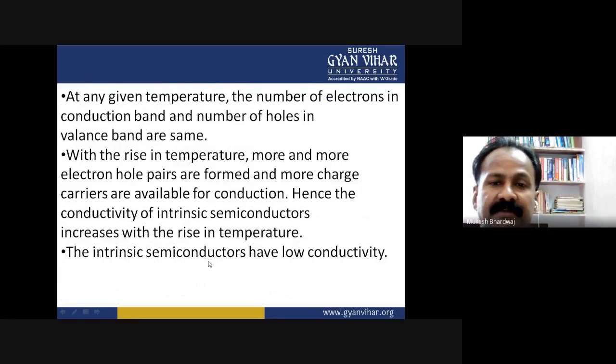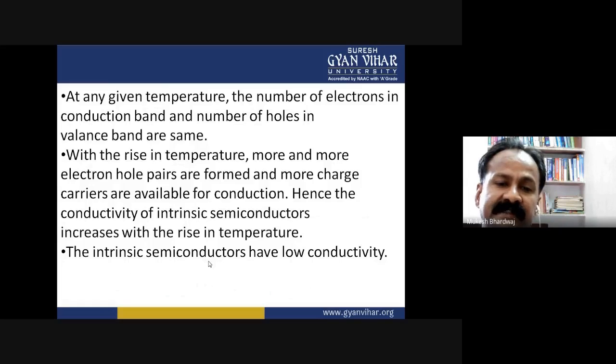At any given temperature, the number of electrons in the conduction band and the number of holes in the valence band are the same. With the rise in temperature, more and more electron-hole pairs are formed and more charge carriers are available for conduction. Hence, the conductivity of an intrinsic semiconductor increases with the rise in temperature.